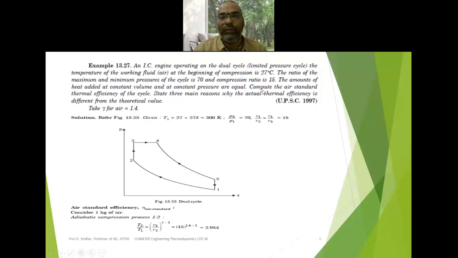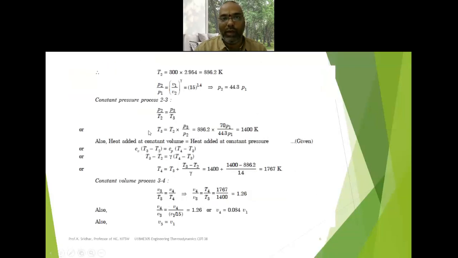Now he is asking us to compute the air standard thermal efficiency of the cycle, and to state 3 main reasons why the actual thermal efficiency is different from the theoretical cycle. First let us consider the process 1 to 2, from which you calculate the unknown temperature values. The T2 value you predict as 886.2 Kelvin, and similarly you find the unknown pressure values.